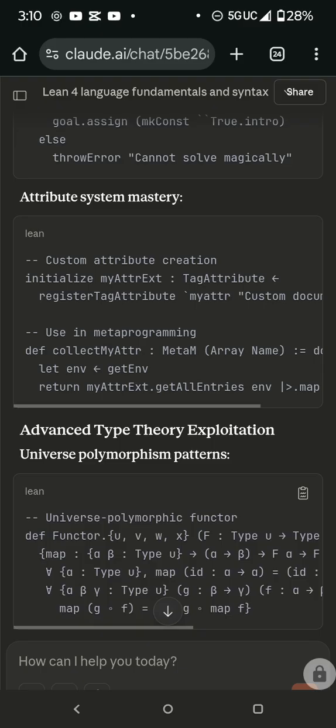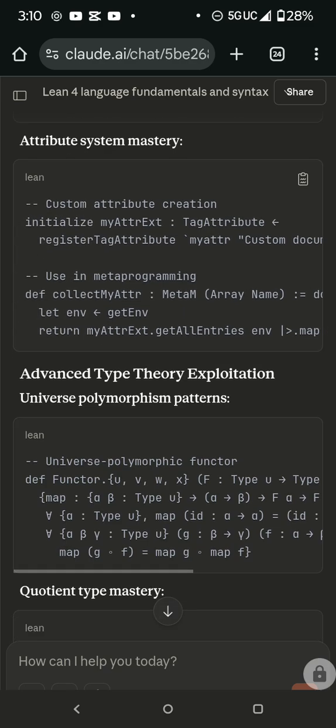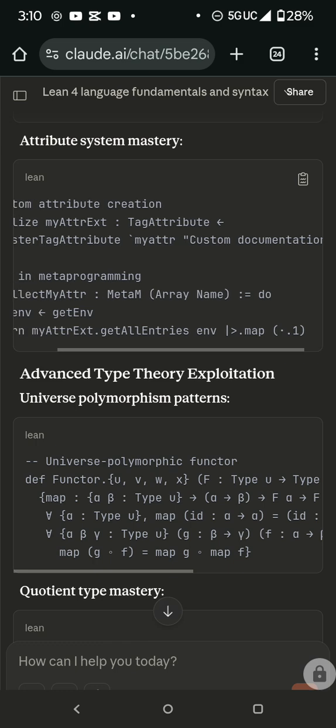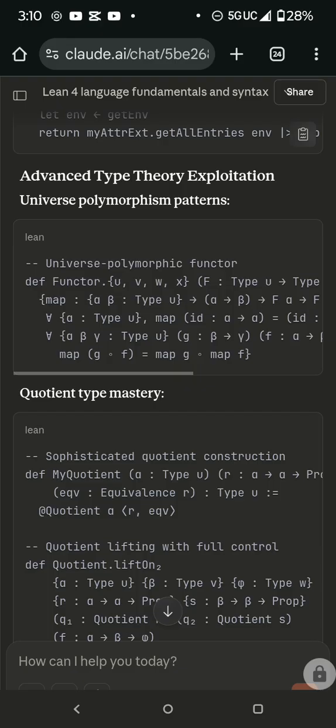Onwards here, attribute system mastery, custom attribute creation. What's that? Initialize my attribute external, ext, tag attribute, something like this with the structure, and it says to use in metaprogramming in the manner essentially as shown here. It goes on to state advanced type theory exploitation, universe polymorphism patterns, universe polymorphic functor.